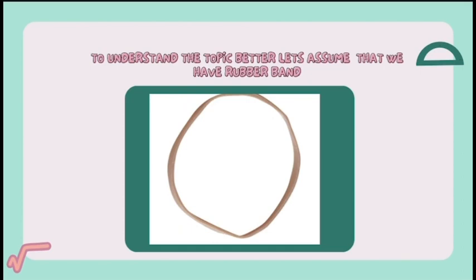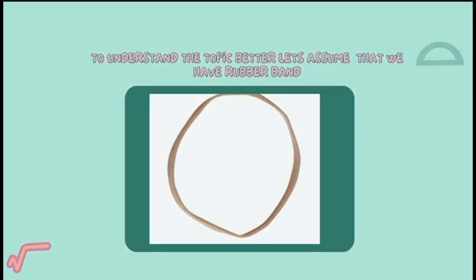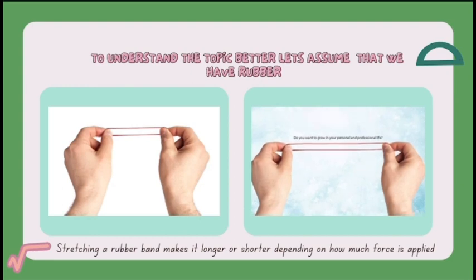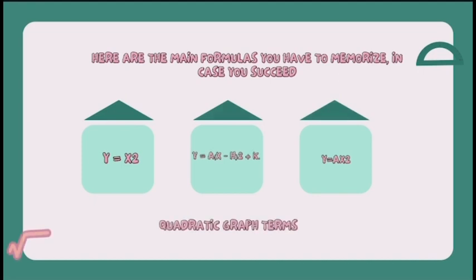So here is the example with a rubber band. So stretching a rubber band harder makes it longer or shorter depending on how much force is applied. So the main formulas you have to memorize in case you succeed are the 3 formulas of quadratic graph terms.